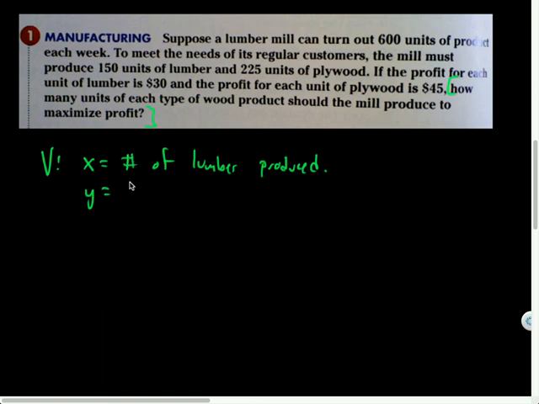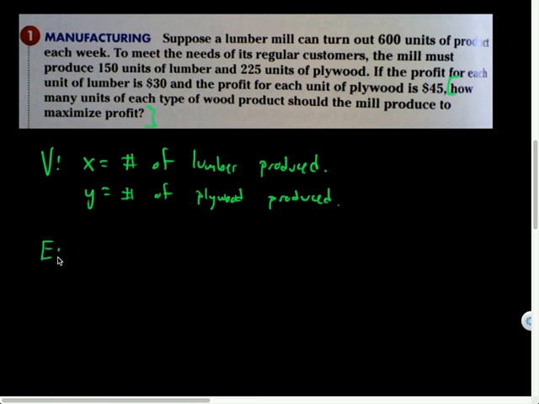And Y is going to be the number of units of plywood produced. Now that I have my variables defined, I'm better able to interpret my limitations, because I've got a lot of little facts floating around.